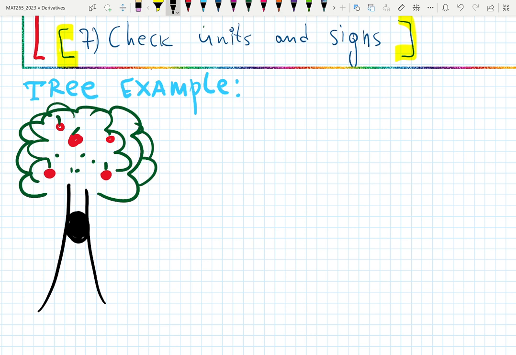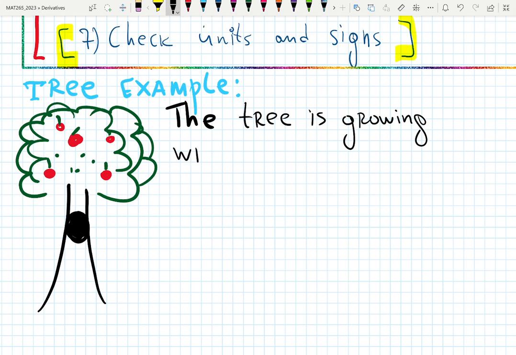Tree example. We're going to explain what related rates means. So the tree is growing with time t.